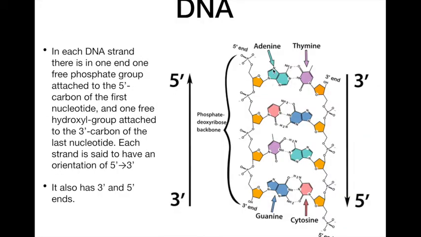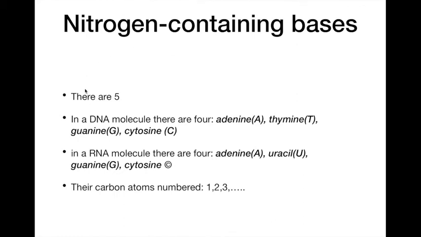It has nitrogen, and in every corner there are carbon atoms. We number them to know which carbon atom we're talking about each time. The carbon atoms in the nitrogen-containing bases we number with 1, 2, 3.